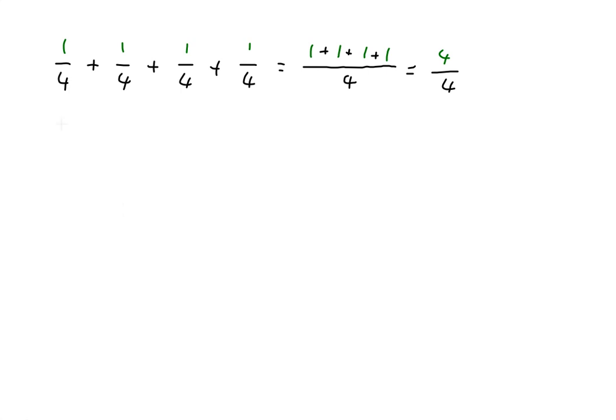So what we mean by this is that we have one part of our pizza and another part of our pizza and another part of our pizza and again another part of our pizza, and now we put them all together, and then we have these 4 pieces merged together, again giving a whole pizza.